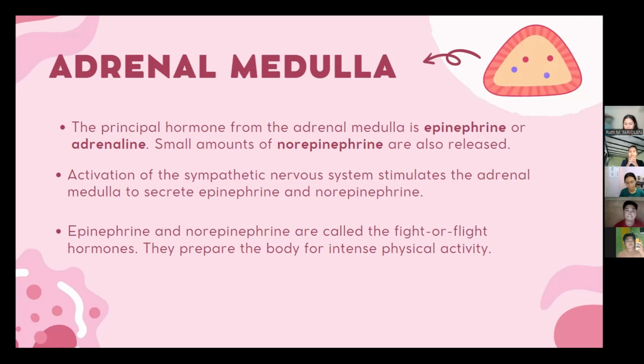Small amounts of norepinephrine are also released. Stress and low blood glucose levels can also cause increased sympathetic stimulation of the adrenal medulla. Epinephrine and norepinephrine are called the fight or flight hormones. They prepare the body for intense physical activity.